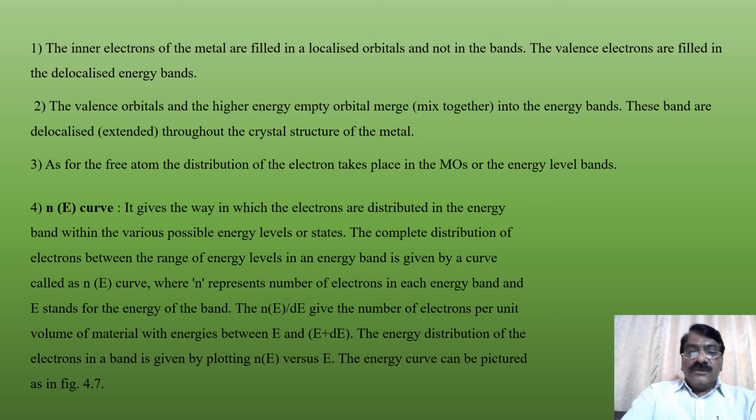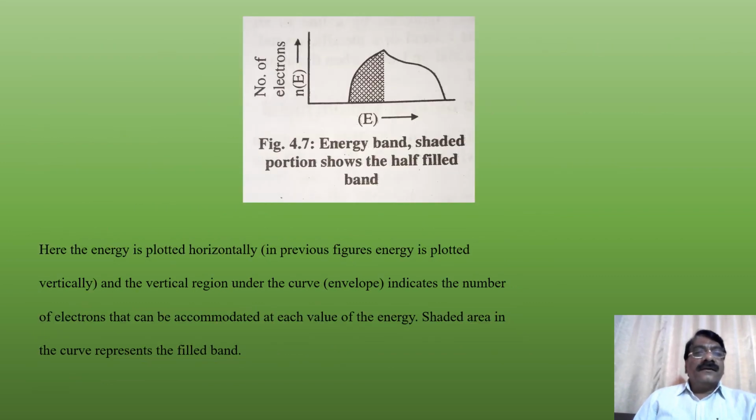The energy distribution of the electrons in a band is given by plotting N(E) curves, that is N(E) versus E. The curve can be represented as in the figure. See here in the figure there is N(E) and E. They represent the energy band.